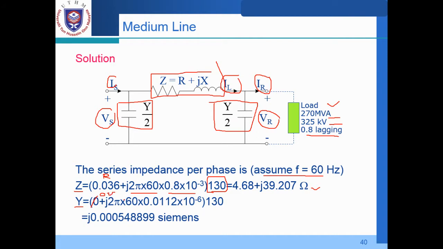Then we have j2π f frequency, 60 Hertz, as well as the capacitor value of 0.0112 microfarad, multiplied again by the distance 130, and Y in this example gives us j0.0054899 Siemens. So now we are done with the series impedance as well as the shunt capacitance.